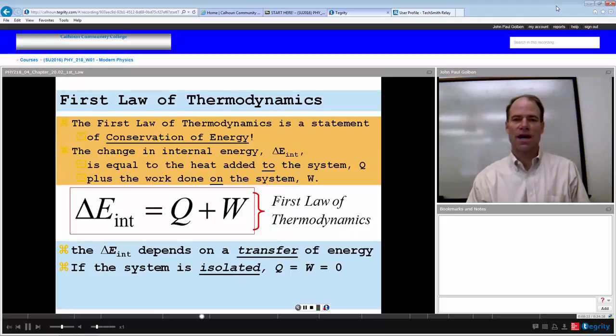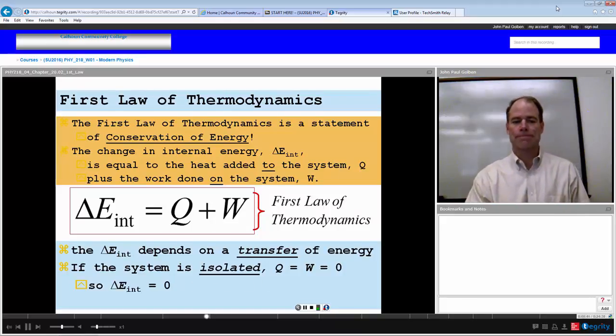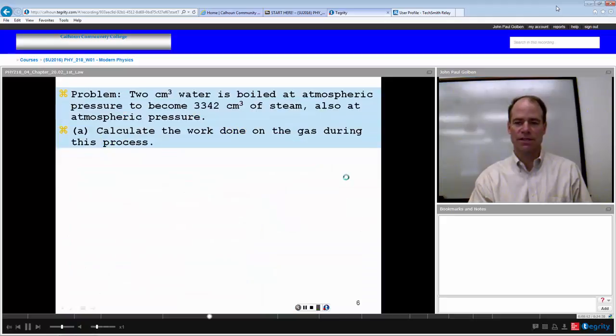If the system is isolated, then the change in internal energy will have to be zero, and whatever Q we have will be equal to the work will be equal to zero. So our change in internal energy will be zero, and the internal energy then will be constant, no change.